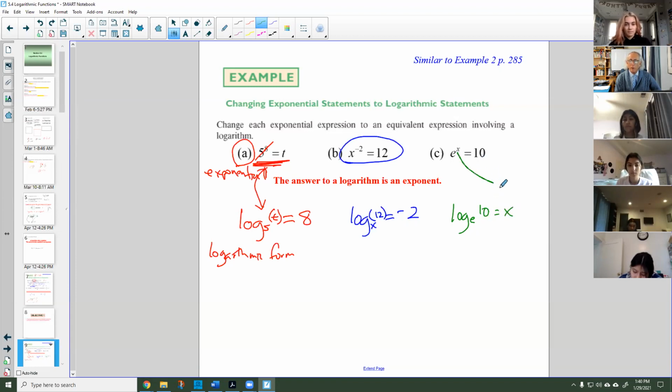Here's my exponent. Here's my base. There's my argument. Knowing how to go back and forth, logarithmic form to exponential form, very important.